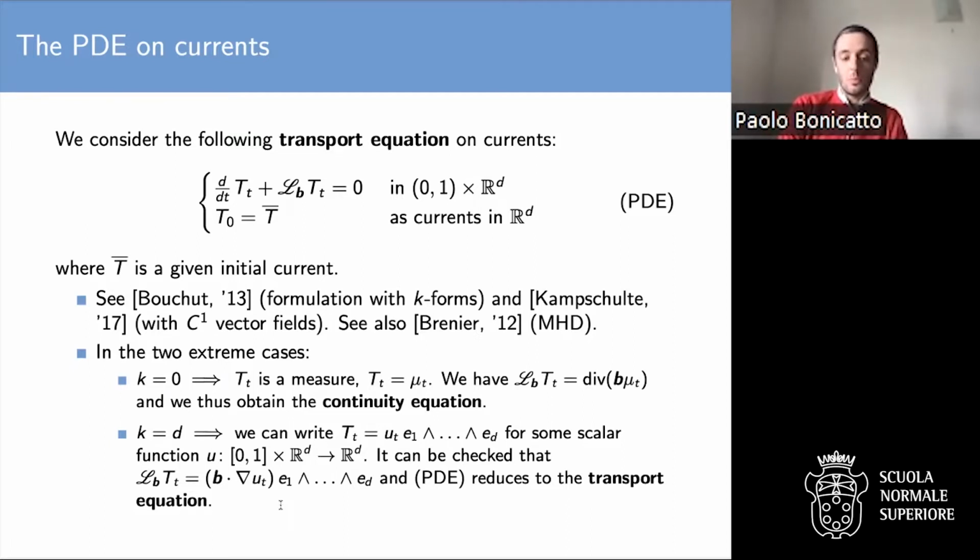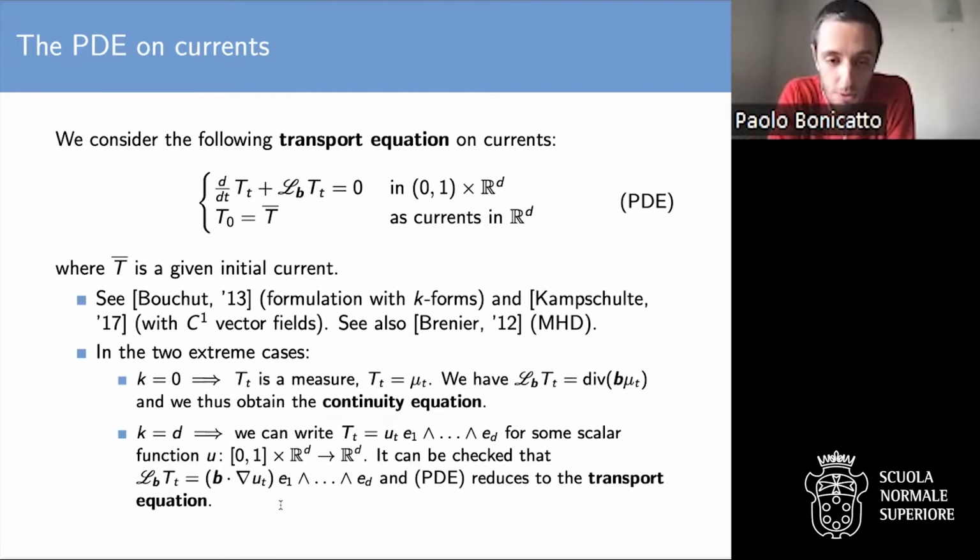Instead, in the top dimensional case, d-currents can be represented by scalar functions, so it's a sort of scalar volume, and it can be checked that in this case the operator reduces to the directional derivative in the direction of the vector field.